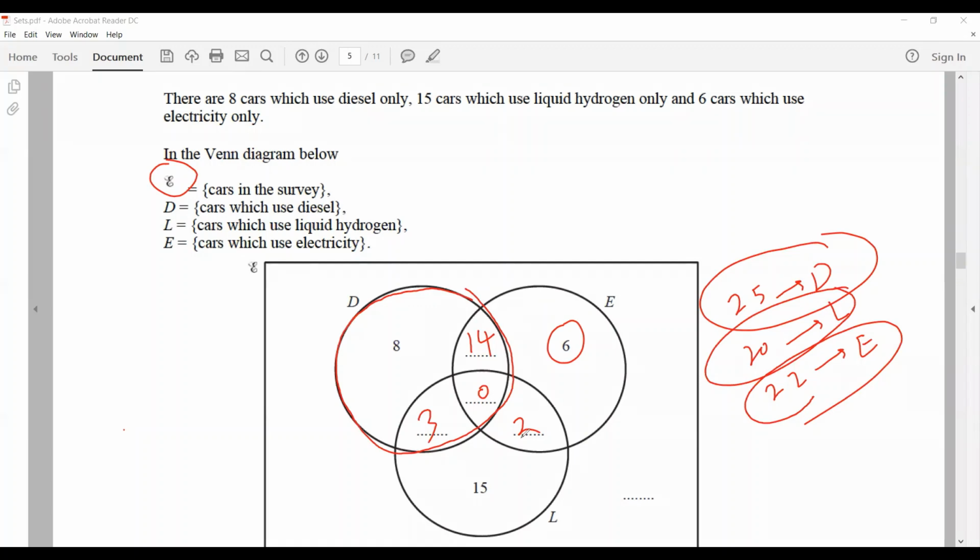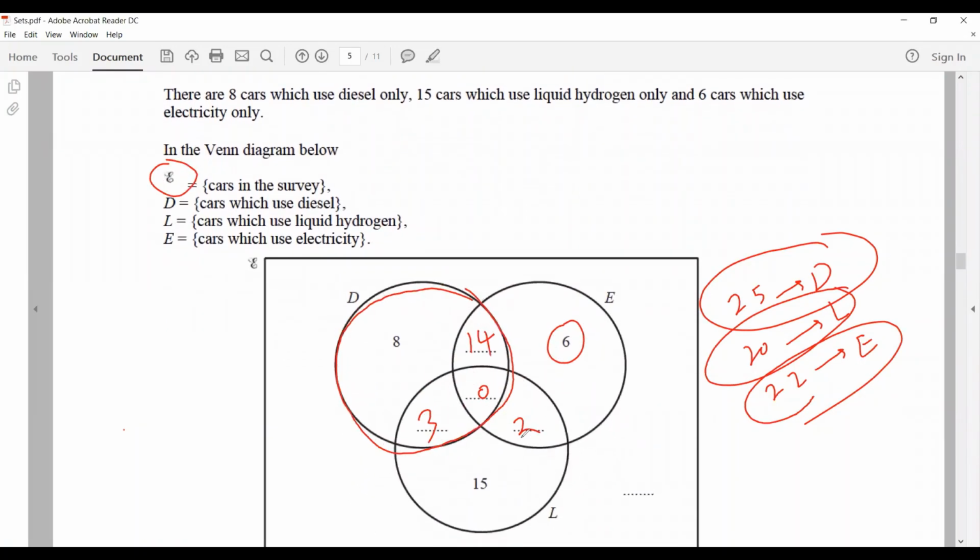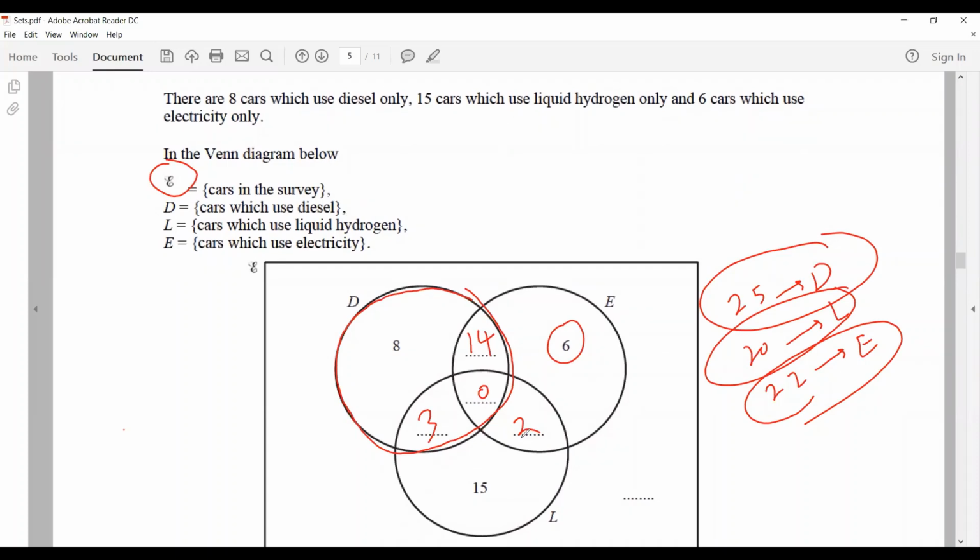Now, how many cars did we have in total? 60 cars. So if we add everything and get less than 60, it means there are some cars that don't use any of these fuels.